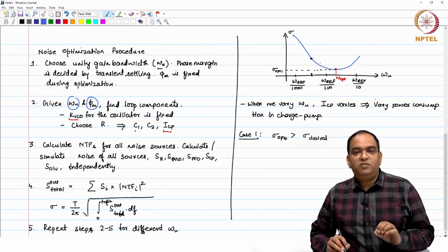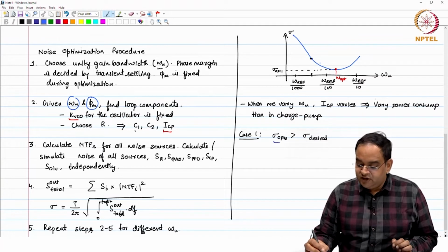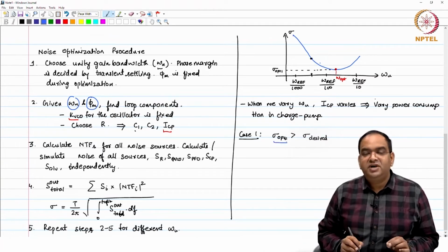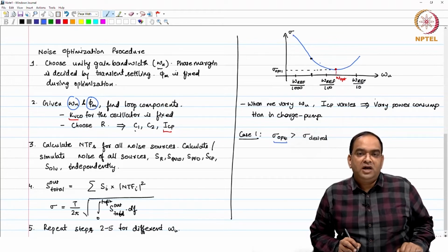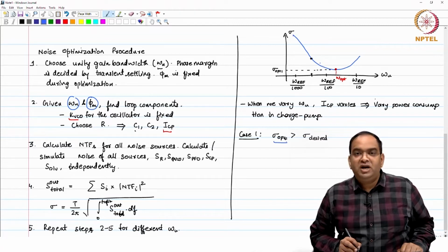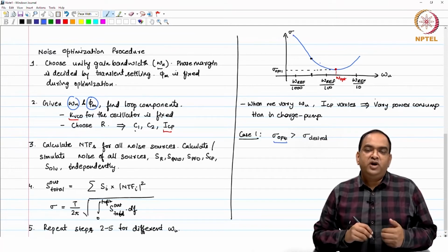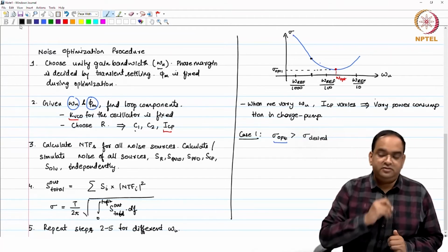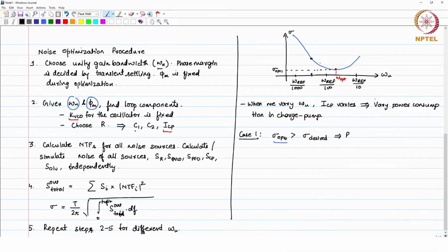You can now plug in the components and your PLL should work. But in case sigma opt 1 is greater than sigma desired, beyond the margin of error which you can tolerate for the desired output frequency, then you have to go back and reduce the noise of the sources.